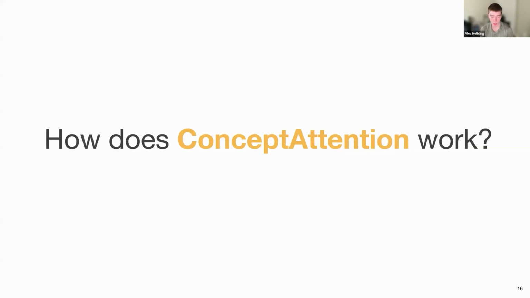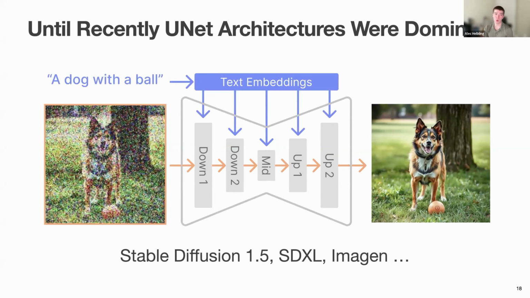So now I want to talk a bit about how our method works under the hood, with some more details. Some background, if you're not up to date on this literature: until maybe about a year ago, 18 months ago, the state-of-the-art architecture underpinning most of these text-image models were UNet architectures, which have a combination of convolutional layers and an encoder-decoder architecture.